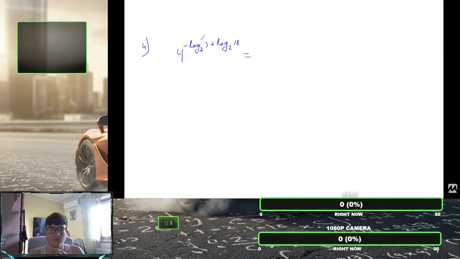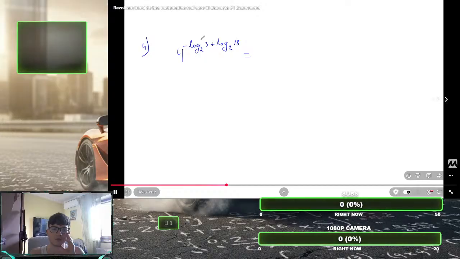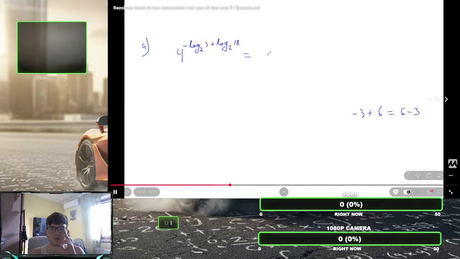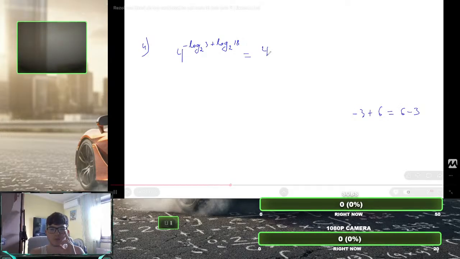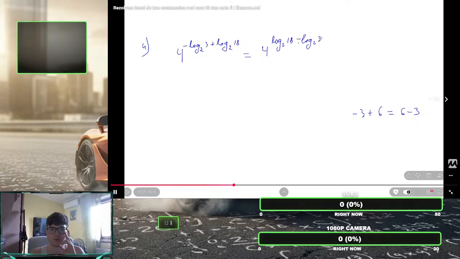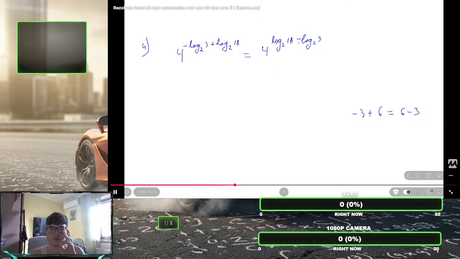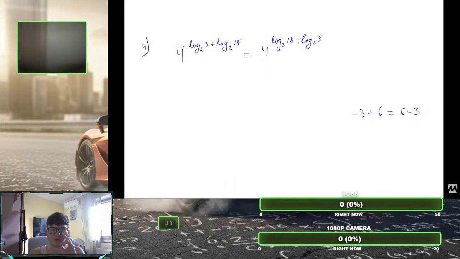At the top is gonna be log of 2, 3 divided by 18, stuff like that, based on the formulas and so on. 3 plus 6 is minus 3 plus 6 is that. So basically he just switched this around. That is a possibility.